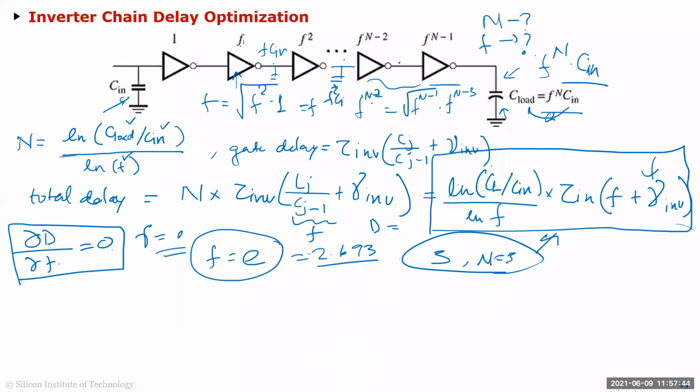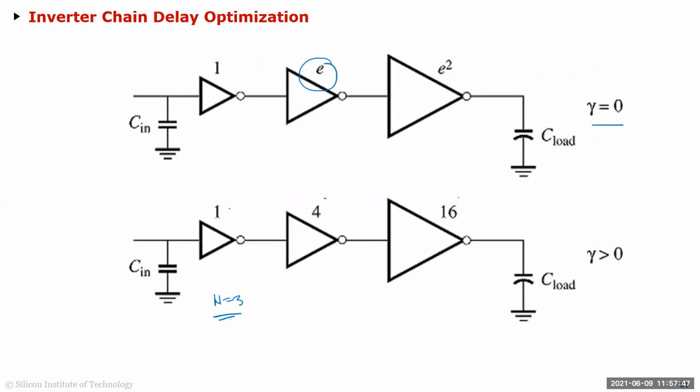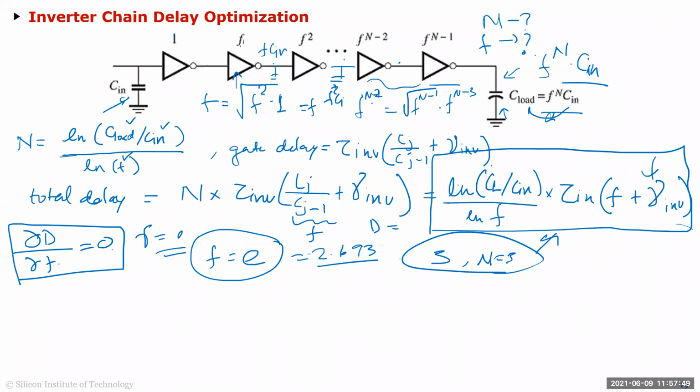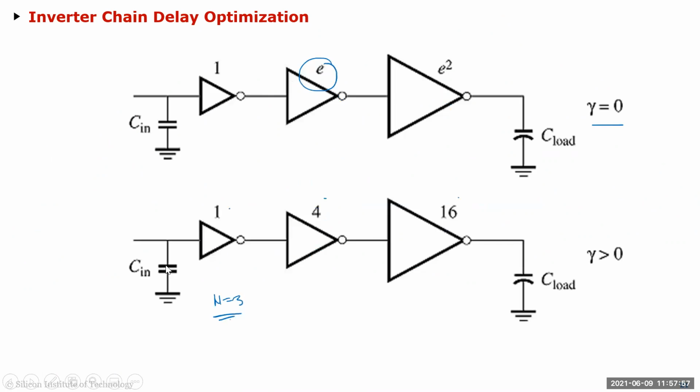So you can take that fan out and plug it in this, given your C load and C in, and that fan out, and that'll give you the number of stages you need. And that's why I said, typically we use 3 stages with this, which gives you roughly the same number. Okay, 2.7, that's fine. It's close to 2.7.